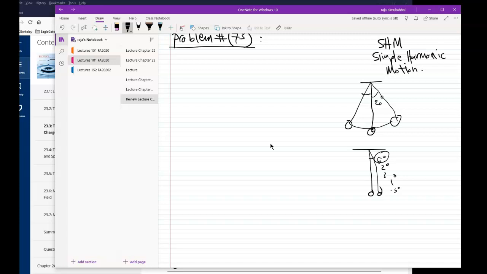Well, in such a case, if you have a system that is vibrating or oscillating with small amplitude, then the force that is causing this vibration, we call it the restoring force, is equal to minus kx.